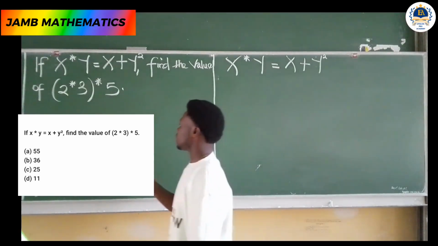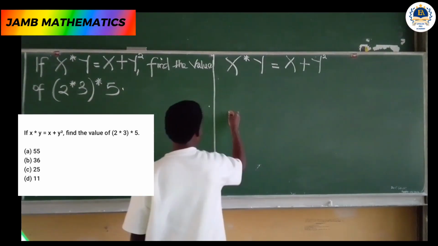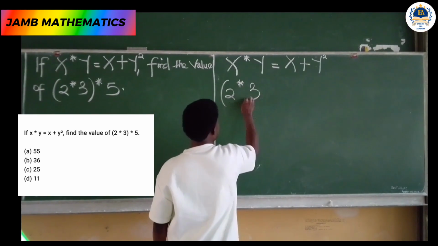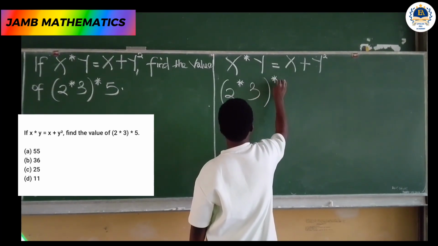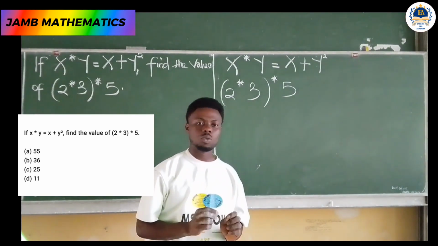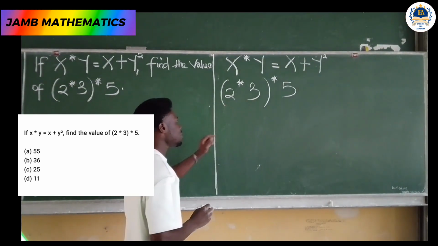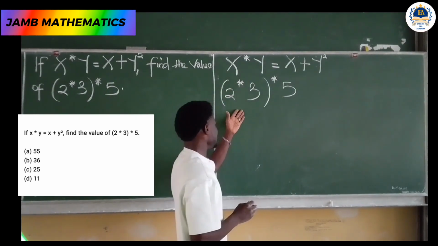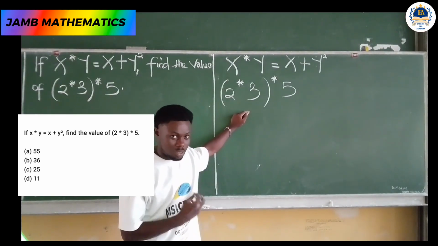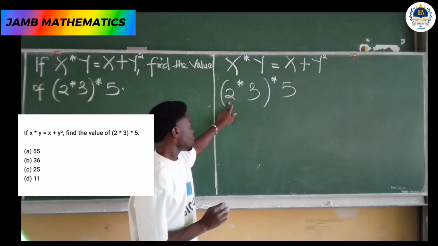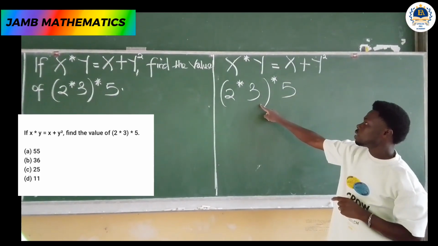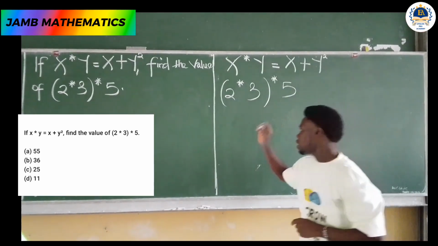So we are going to solve this using these numbers, and it is given as in parentheses 2 star 3, then star 5. Let us work with what you have inside the bracket first. In the bracket, we are going to compare this with this. So in the bracket, 2 represents x and 3 represents y. Remember it's x plus y squared. So it's going to be 2 plus 3 raised to the power of 2.